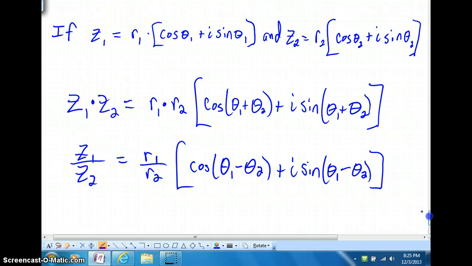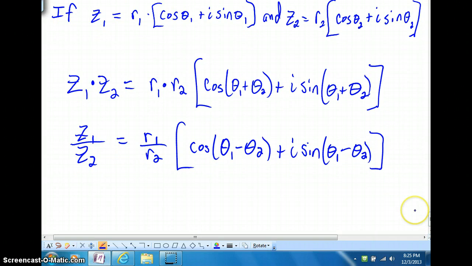But perhaps one of the most powerful applications is when we very simply take a complex number and raise it to the nth power. Now, if you think about it, raising a complex number to a power really means multiplying that complex number to itself.